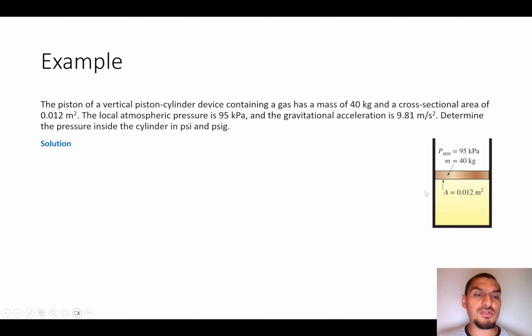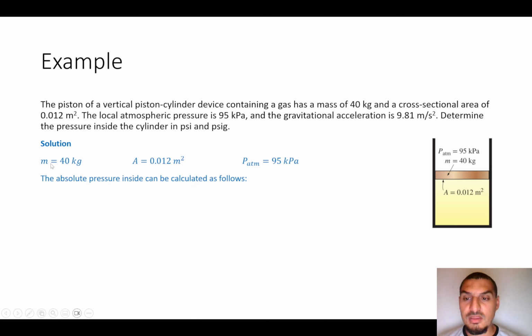So anyways, we want to calculate the pressure. The pressure would be a result of two sources: the atmospheric pressure and the pressure due to the weight of this piston. The atmospheric pressure is already given as a pressure, so there is nothing we need to do about it. For the weight, we have to first calculate the force and then divide the force by the area to calculate the pressure.